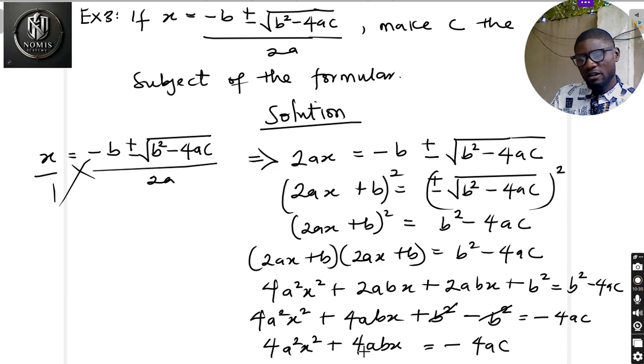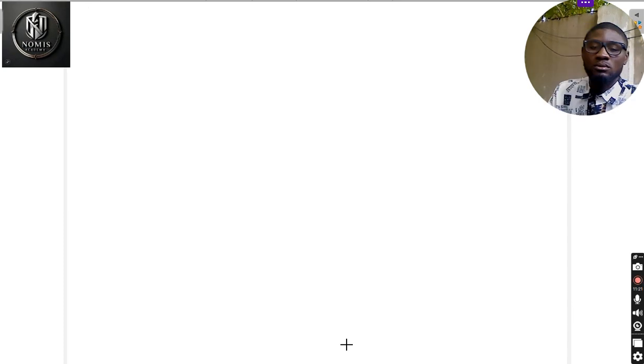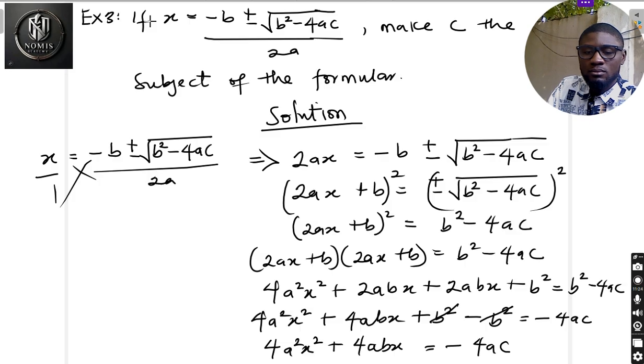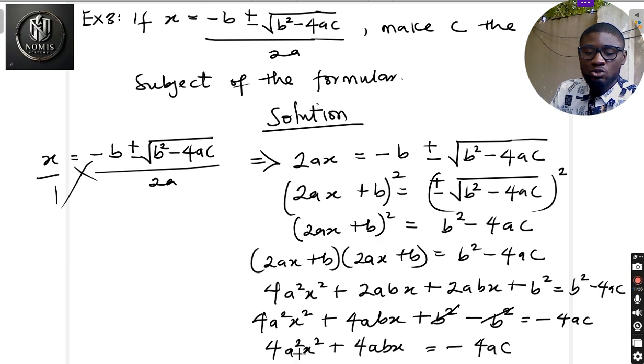So let me see, what can I factorize out of this? 4ax, or I factorize 4a out of it. So I have 4a, open bracket. What will make this complete? ax squared.